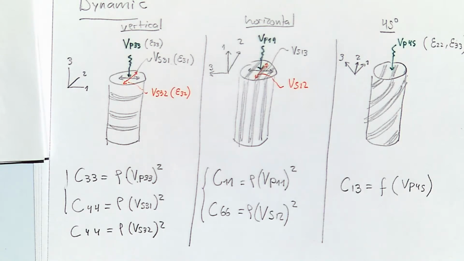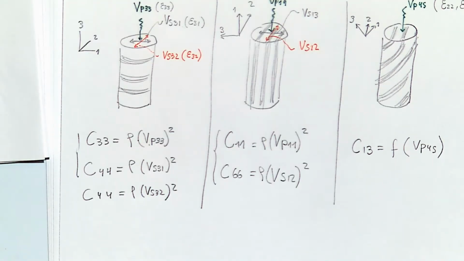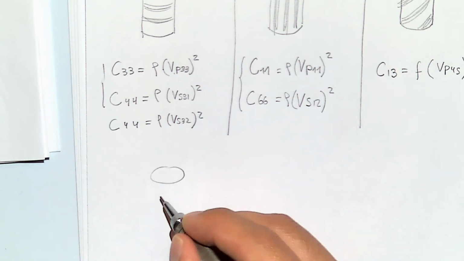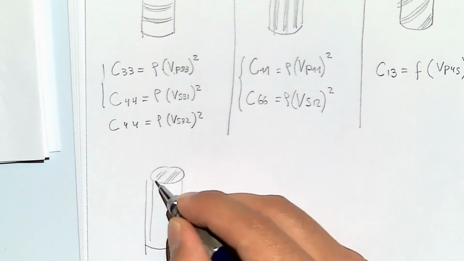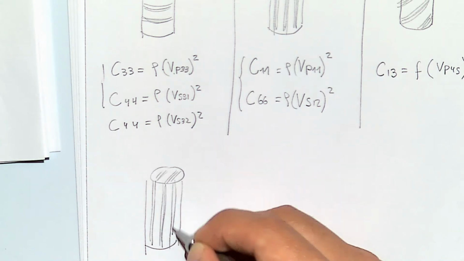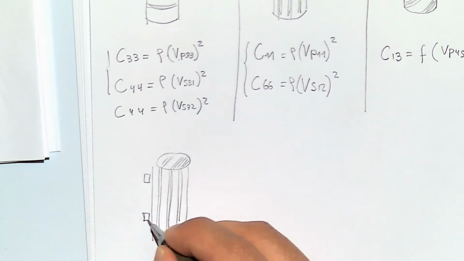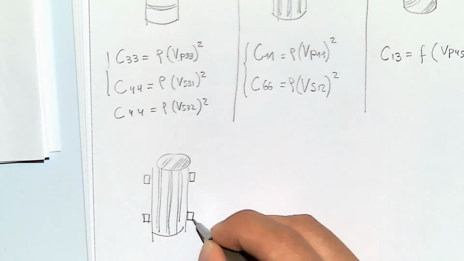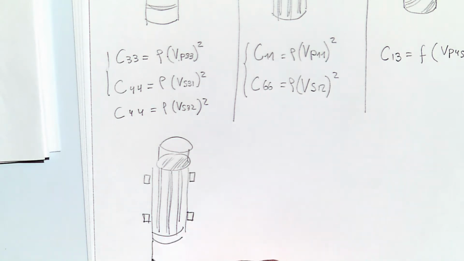Lately, there have been some other developments in which instead of measuring the velocities just from end cap to end cap, sometimes you can use just one sample like this, and you can also put transducers here on the sides, and you put more transducers here on the top and on the bottom.